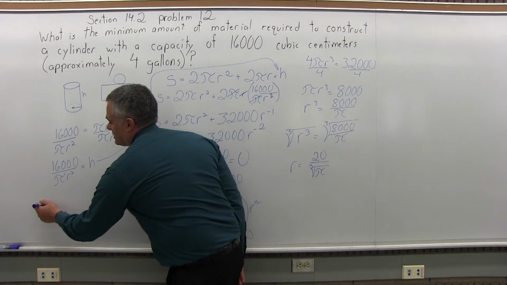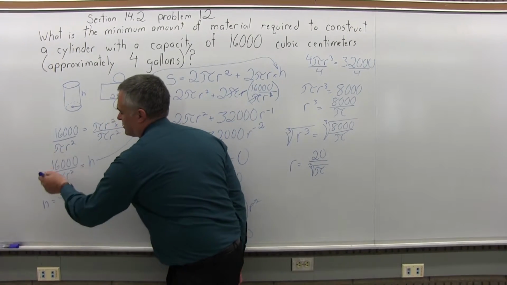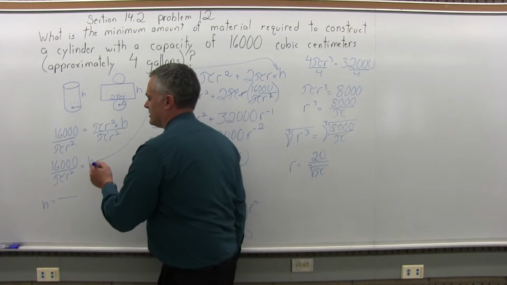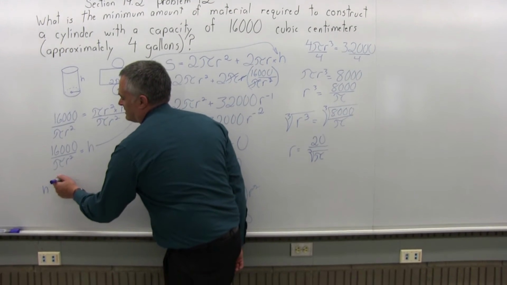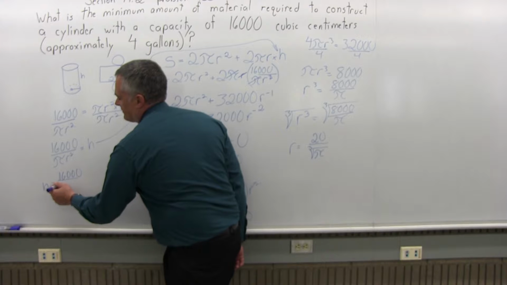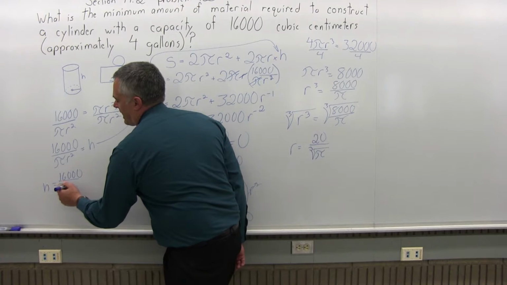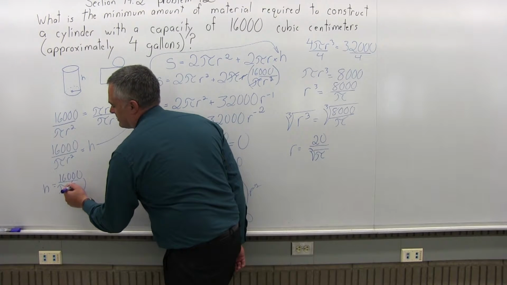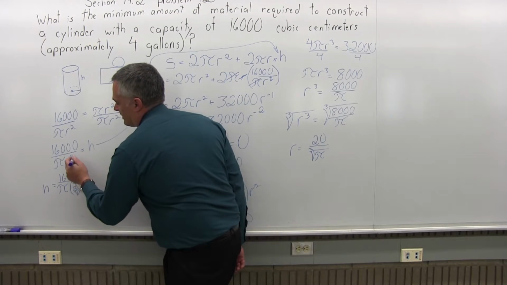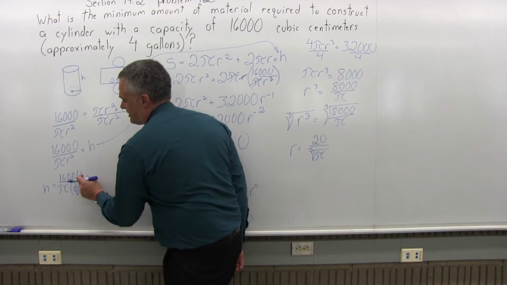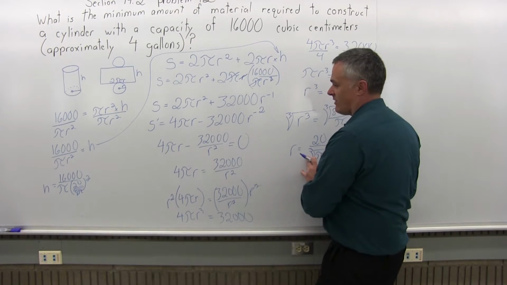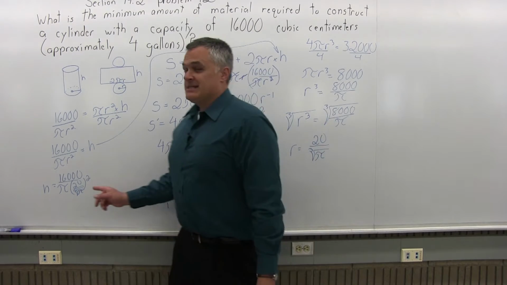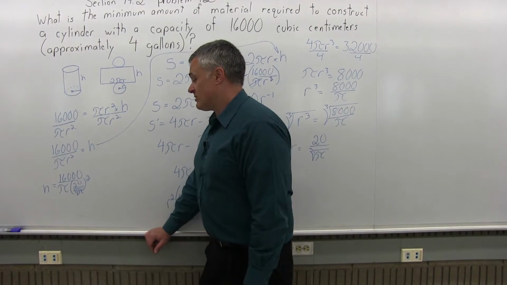So I'm going to have h equals, I just put the h on the left, it's a little bit more traditional that way, 16,000 over pi times 20 over cube root of pi squared. So this r squared, I just put in the solution that I found for r. That is h, but you really should clean it up.